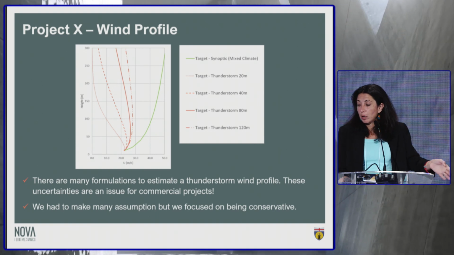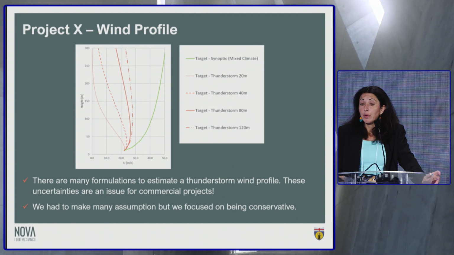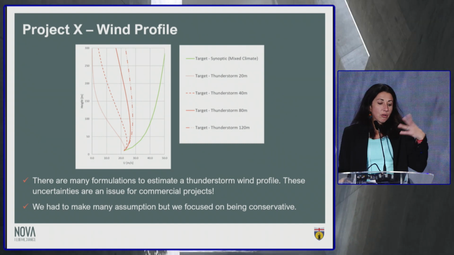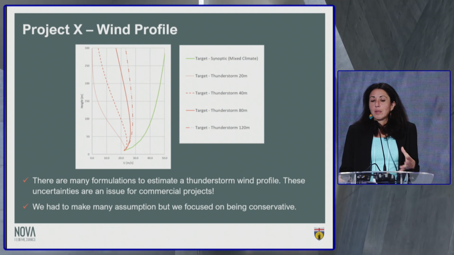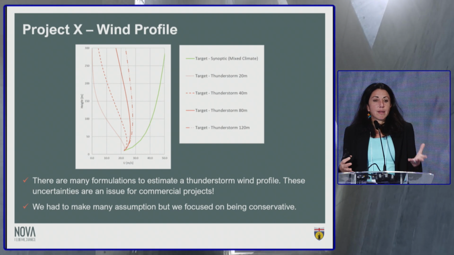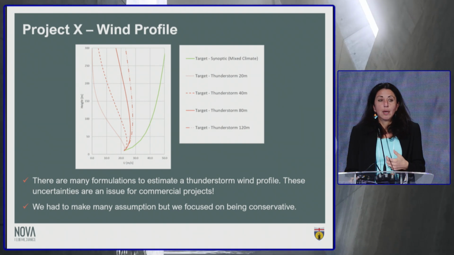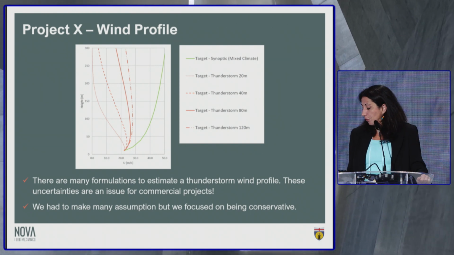So there are many formulations to estimate a thunderstorm wind profile. And we had to make some assumptions. So what we wanted to do as an initial part of our research, which then became a much bigger project, was to say, let's try to do something better and see if what we believe, that thunderstorms are not important, is something we can somehow prove to ourselves.